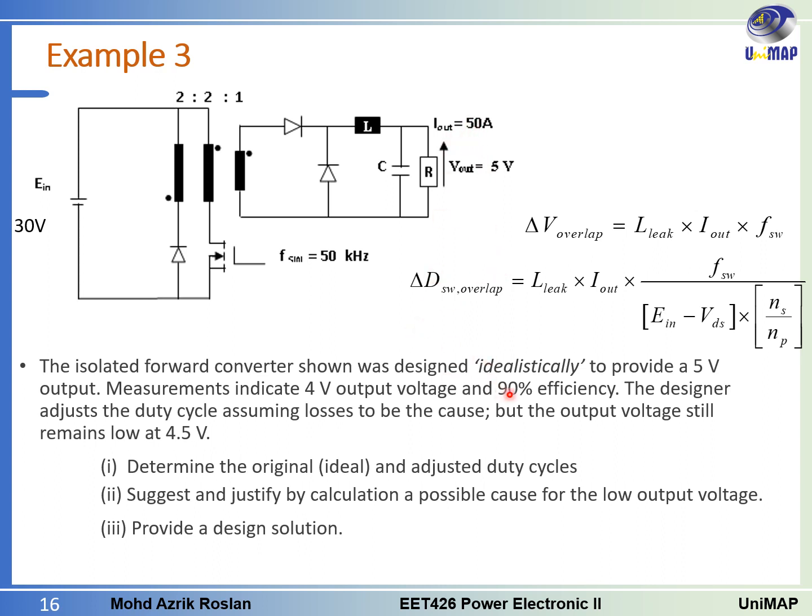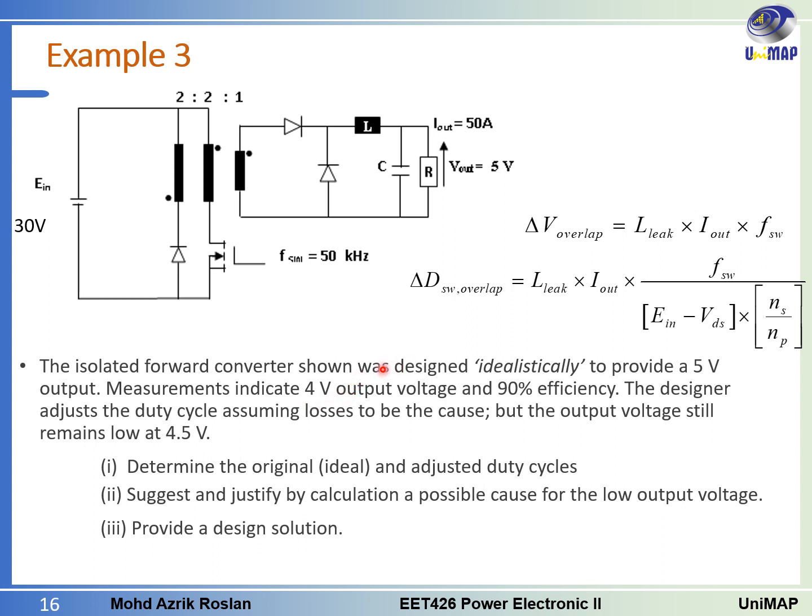Based on that they can determine the efficiency. So the designer adjusts the duty cycle assuming that losses are the cause. Because now they already measured the output power and the input power. They measure the efficiency at 90%.